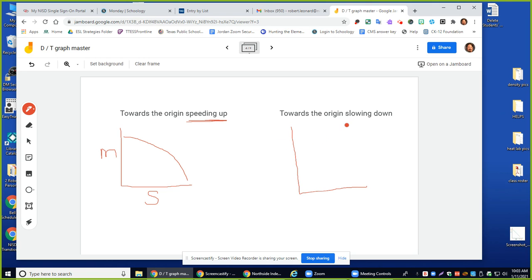Everybody draw the next graph. Label it slowing down. Here's what slowing down would look like. This is my meters. This is my seconds. What are you showing us, James?